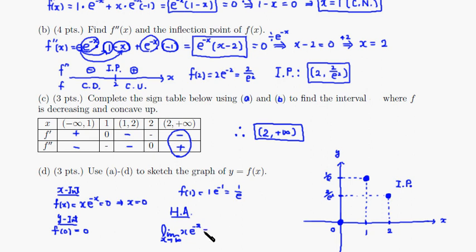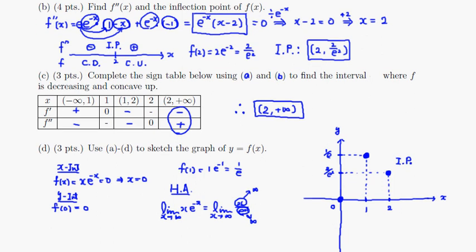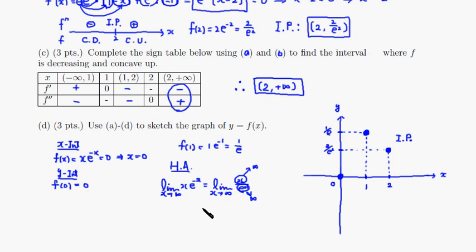This is just the limit of x over e to the x. We know how to do this because the top goes to infinity and the bottom goes to infinity, so we can apply L'Hopital's rule. I'm going to slide down a bit.